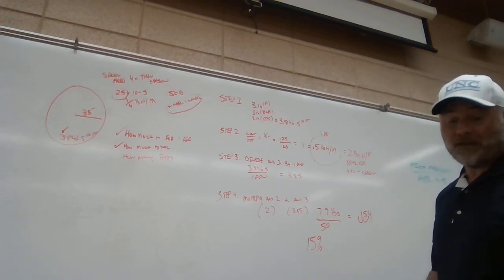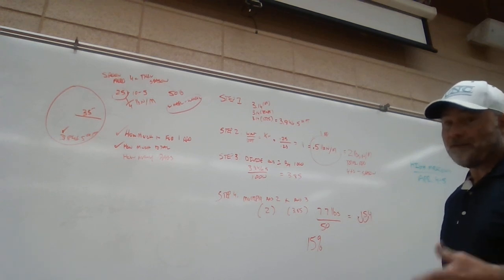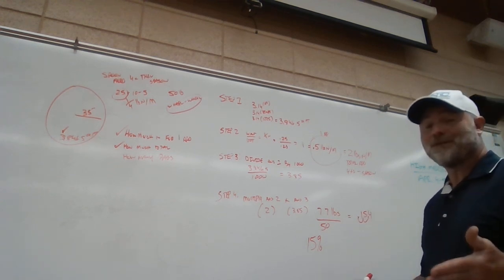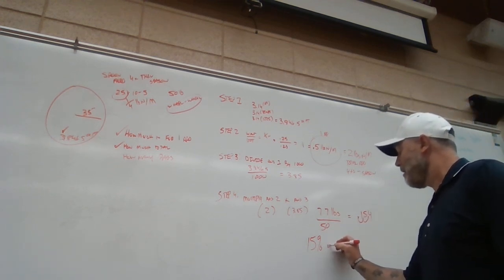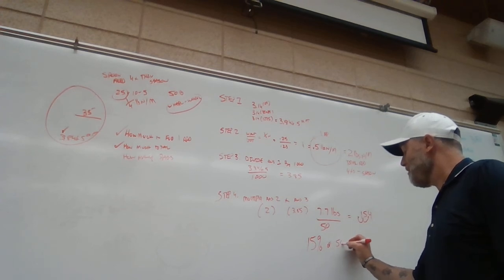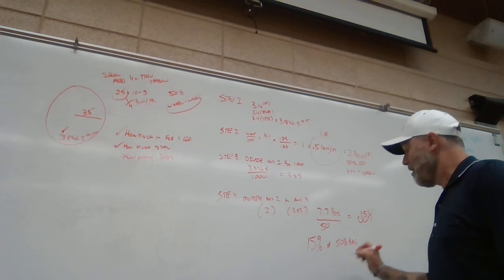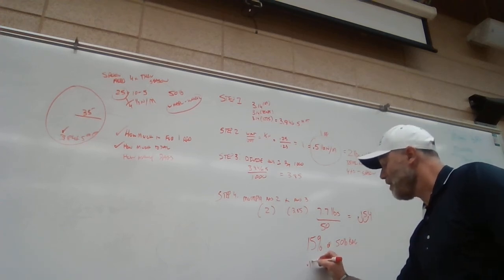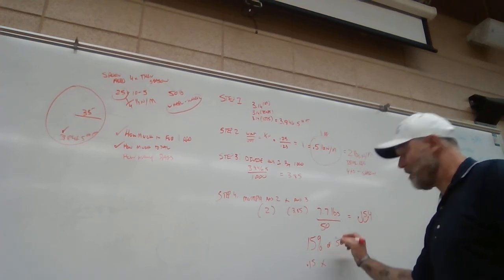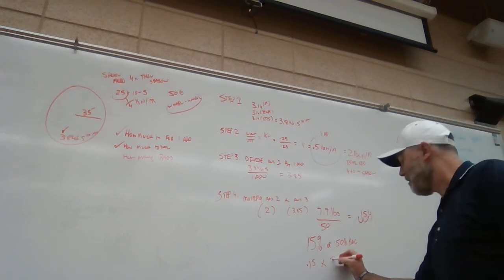And if I really want to get it right, I can find out exactly how much. What is 15% of a 50-pound bag? That's 0.15 times, of is always times, 50.